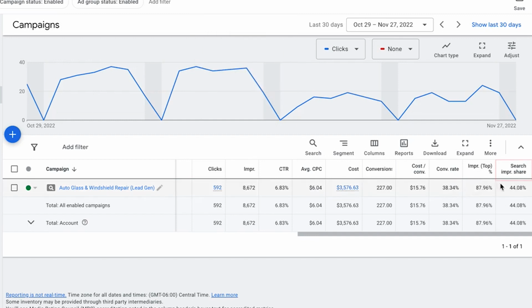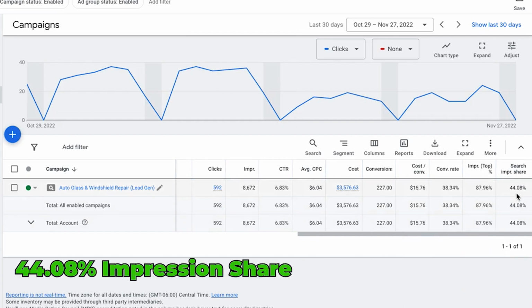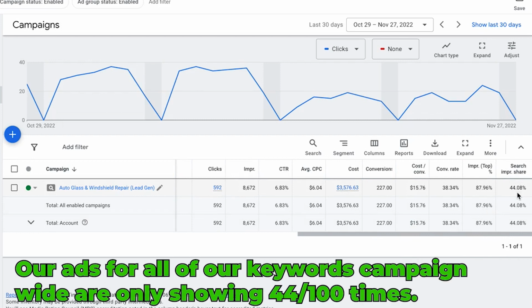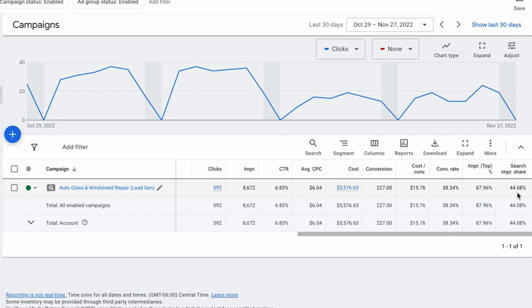So if you see here, I always put search impression share at the campaign level, ad group, and you can do keyword too. So this campaign's at 44%. So what that tells us is the search impression share is 44%. That means our ads for all of our keywords, campaign-wide combined, are only showing 44 times out of 100.